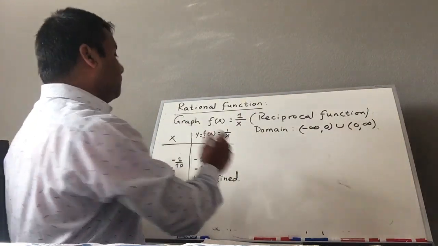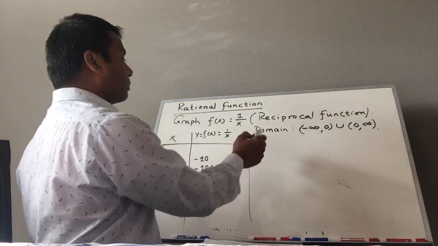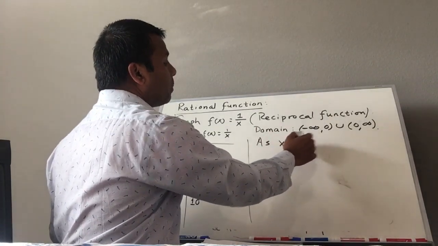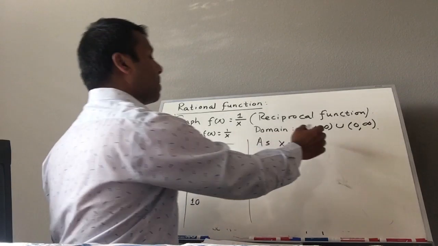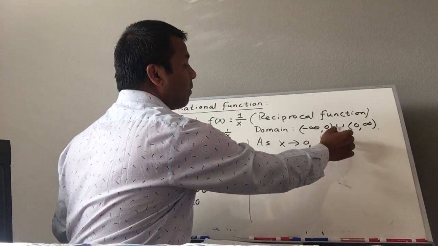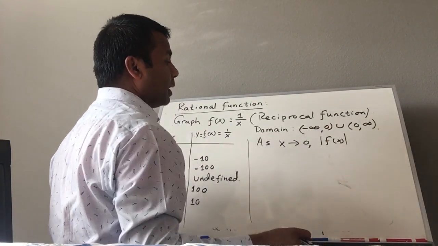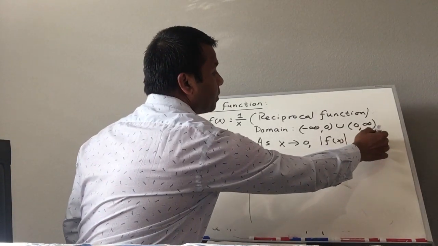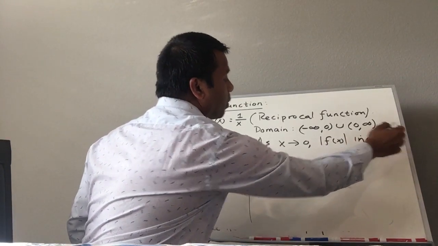So I can write down here: as x approaches 0, the absolute value of f(x) increases without bound.